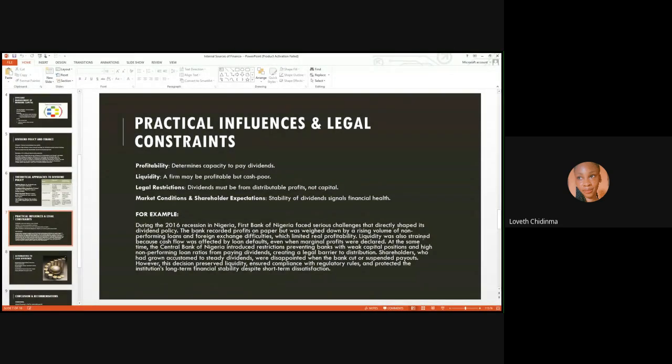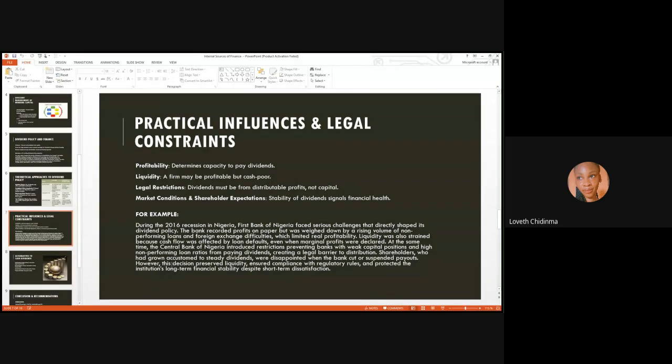Liquidity was also strained because cash flow was affected by loan defaults, even when marginal profits were declared. At the same time, the Central Bank of Nigeria introduced restrictions preventing banks with weak capital positions and high non-performing loan ratios from paying dividends, creating a legal barrier to distribution.